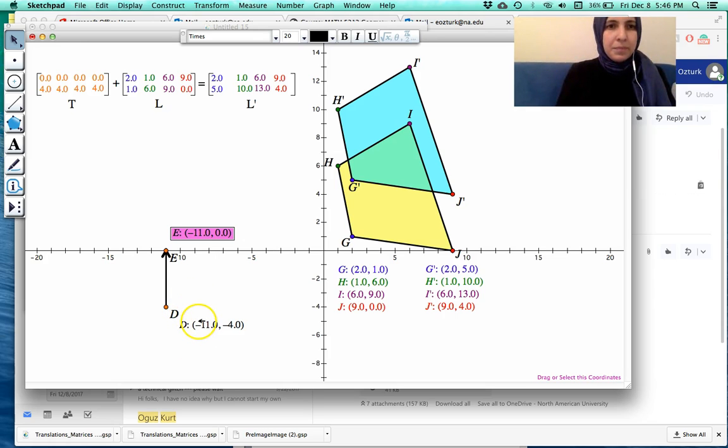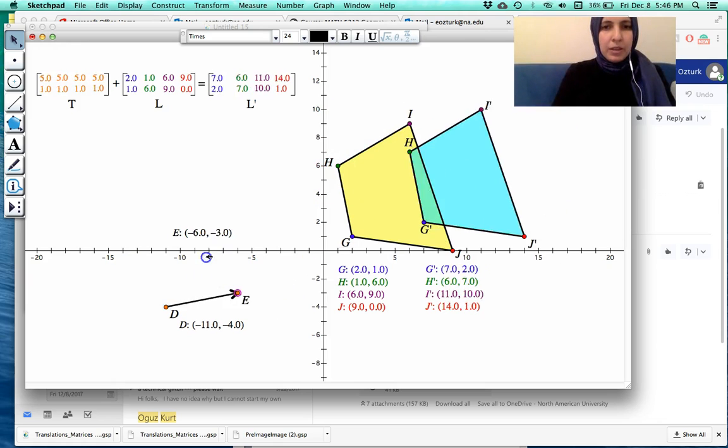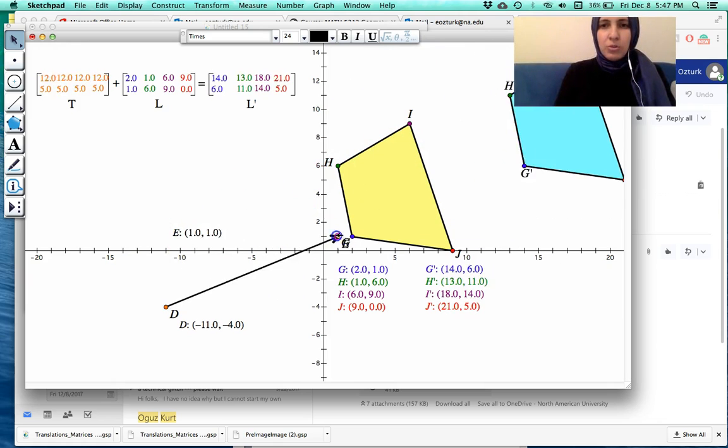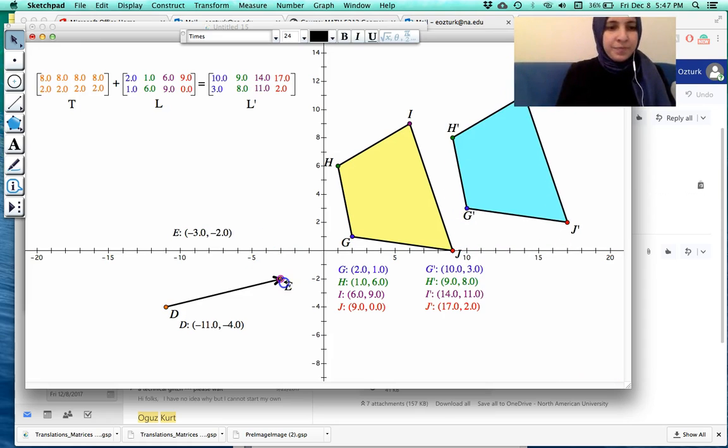The DE can be minus 11 to minus 4, E minus 11 and 0. And then when I want to ask them to change the coordinates of E, as you see the translation, like we call it pre-image, image, and the place of image are changing. The question B can be write the equation of representation of translation. Yes, I want to ask them.